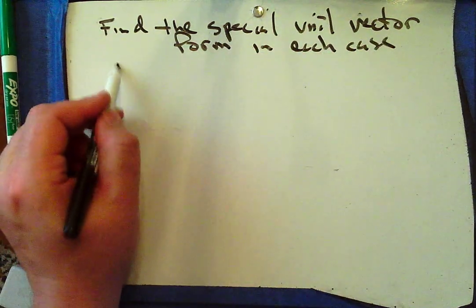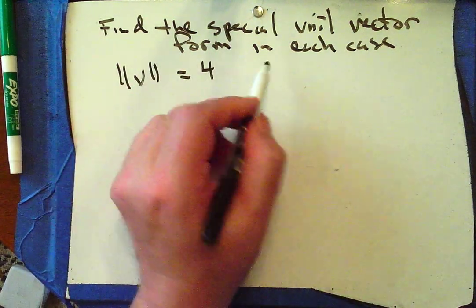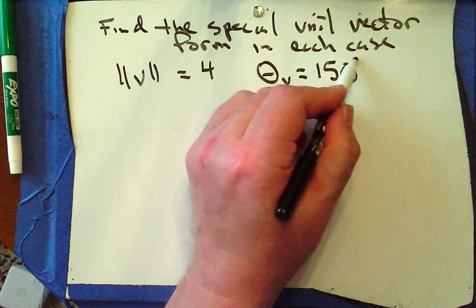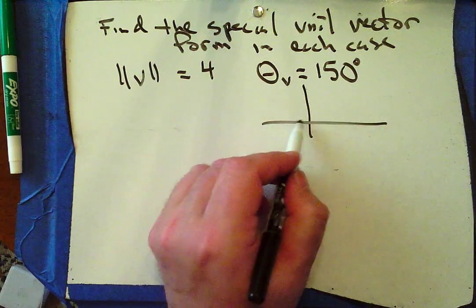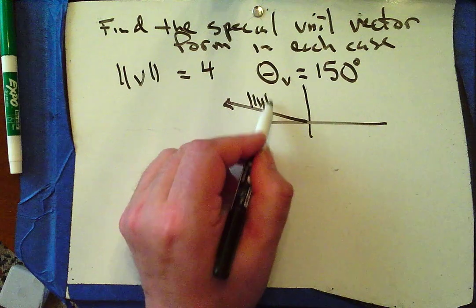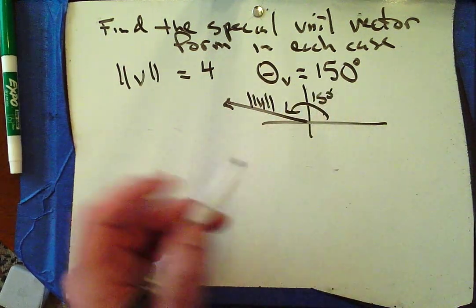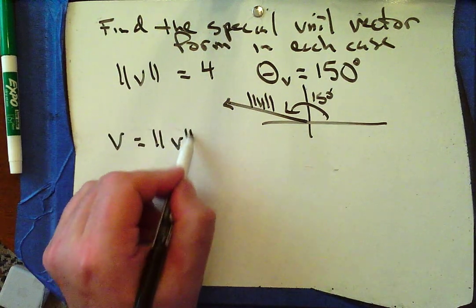And so if I know the magnitude of v equals 4 and theta v equals 150 degrees, I'm thinking about this vector over here, whose magnitude is 4, with 150 degrees. I'm trying to describe this vector.